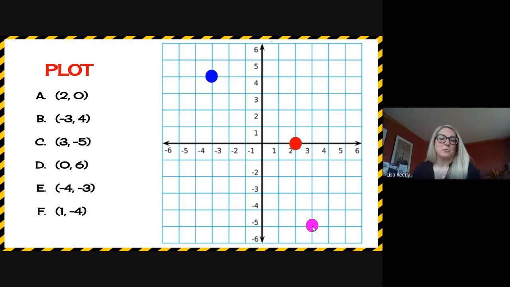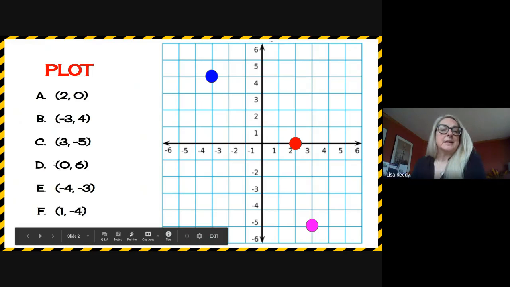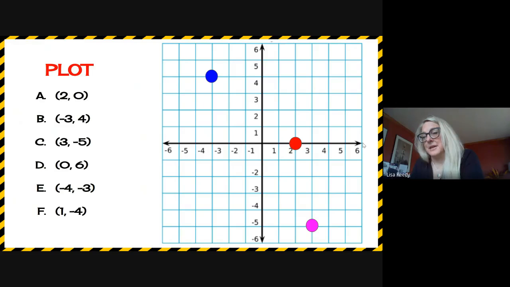Now, D are the ones that I really worry about people getting wrong the most. People look at this and they say 0, 6, and they automatically just want to go over here to positive 6. Okay, but you have to remember your first number, this 0, tells you how far you're going right or left. So 0 means we're not going anywhere on my x-axis. The x is 0. The y is positive 6.